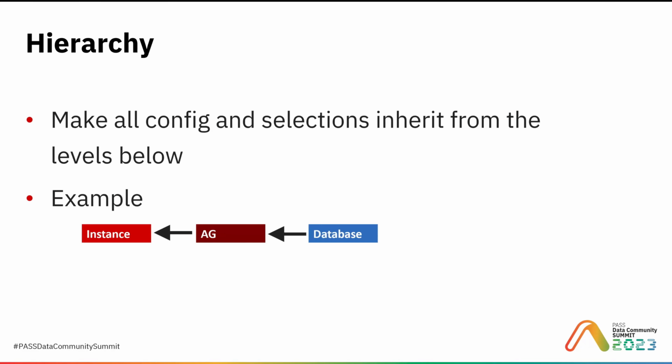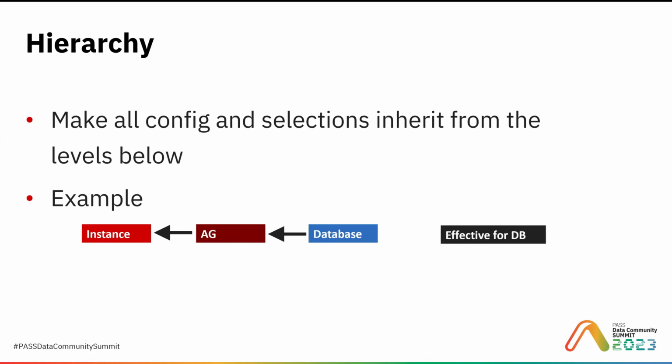Or you might not. 9 of them might have the same configuration and one might have a different one. And again, if an AG runs on multiple instances, or you have multiple AGs on the same instance, you might also want to give them the same configuration.